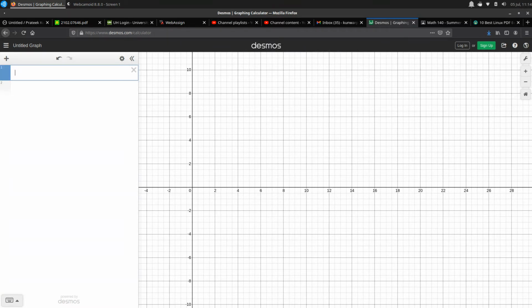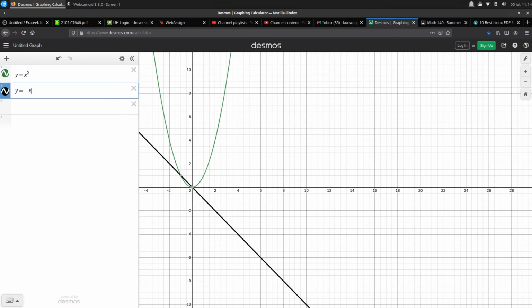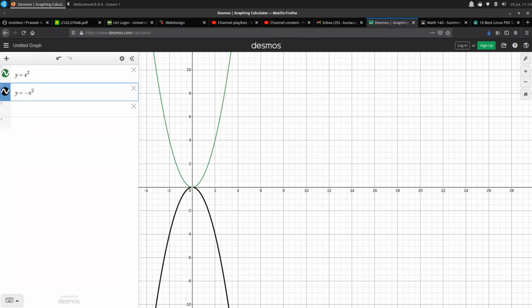Okay. Now the next thing on that sheet is plotting these three functions. Y equals x squared. Sorry, y equals negative x squared, and y equals x squared times cosine of 6 pi x.